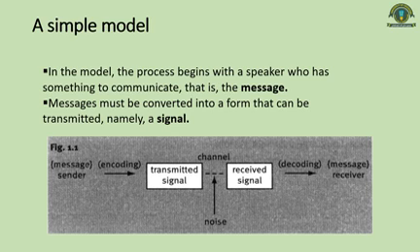And when we talk about messages, messages in their initial form cannot be transmitted directly, because they need to be converted into a form that can be transmitted. And that form is called signals. So the messages need to be converted into signals.